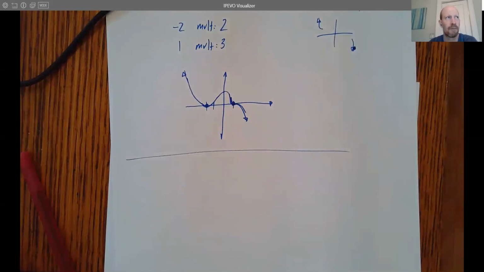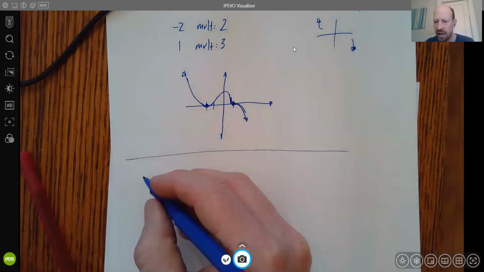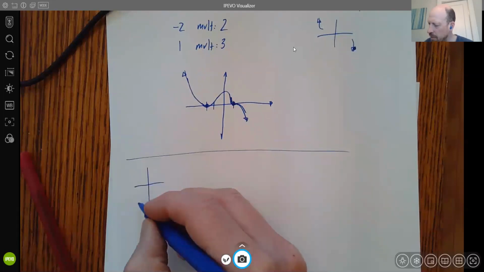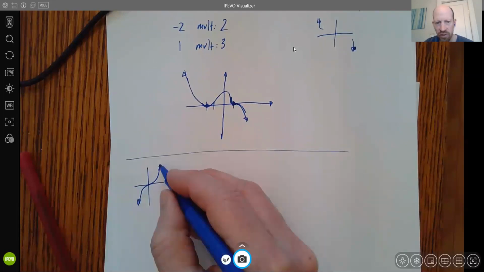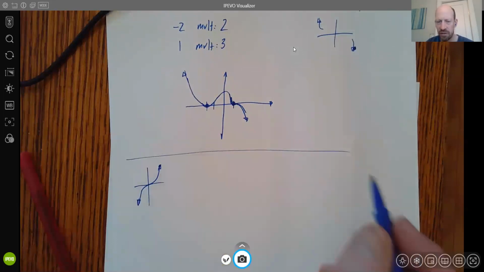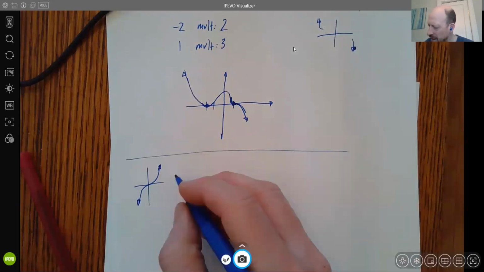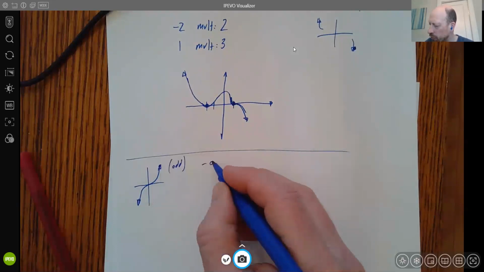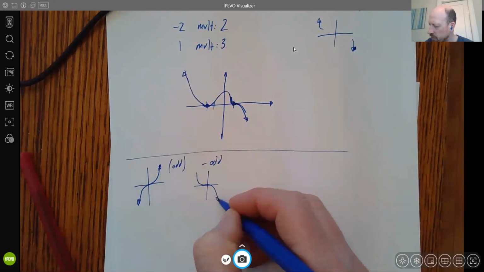Could you go over the end behavior one more time and how you got those directions of the arrows? Yeah, the idea here is that I know any odd power looks like this, whether it's cubed, 5th, 7th, 9th, 11th, etc. But a negative odd power would flip that and look like this.